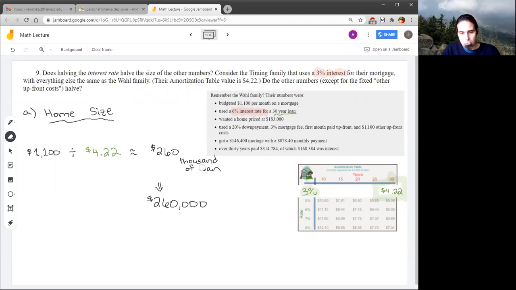Oops, I put loan. I meant home size. We have to take out the down payment before we get the loan. This is once again not doubling or half.